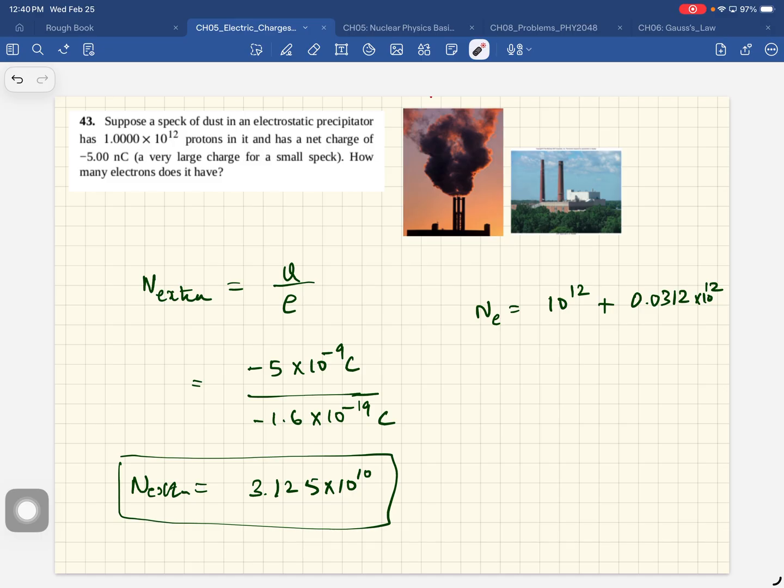And that's a very hard task to do. It would be almost impossible to put 3% more electrons in your body. But anyway, it's a small speck, so you're able to do that.